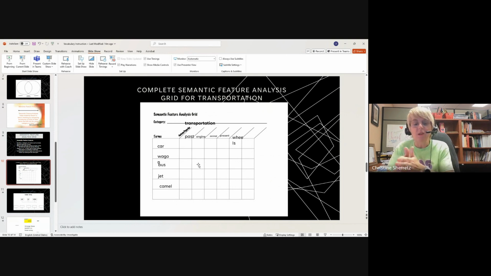It has wheels. It could be an engine. It could be an animal. So it's giving us a broader picture of what a concept could be, and it's a bigger concept. So that transportation, that's going to be a tier 2 word, right? Because transportation needs to be taught. It can be taught in multiple contexts.